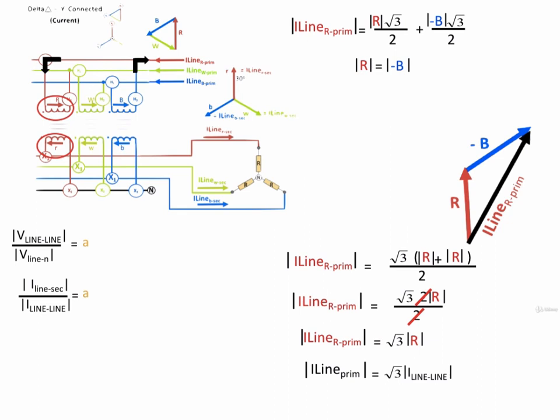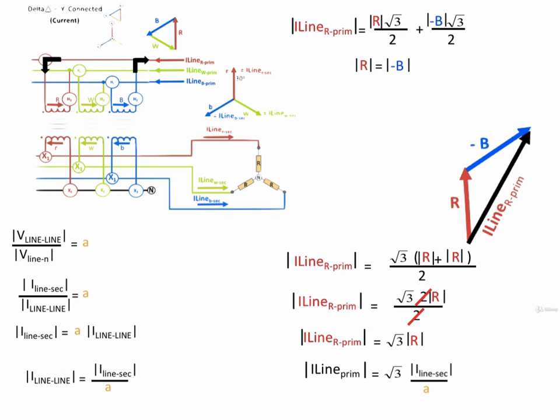We can rewrite that second one such that the magnitude of the current flowing in the winding of the primary side transformer is equal to the magnitude of the secondary line current all over the turns ratio, which now allows us to make a substitution in the previous equation that we developed on the right-hand side of the slide, which means we can now define the primary line current in terms of the secondary line current.